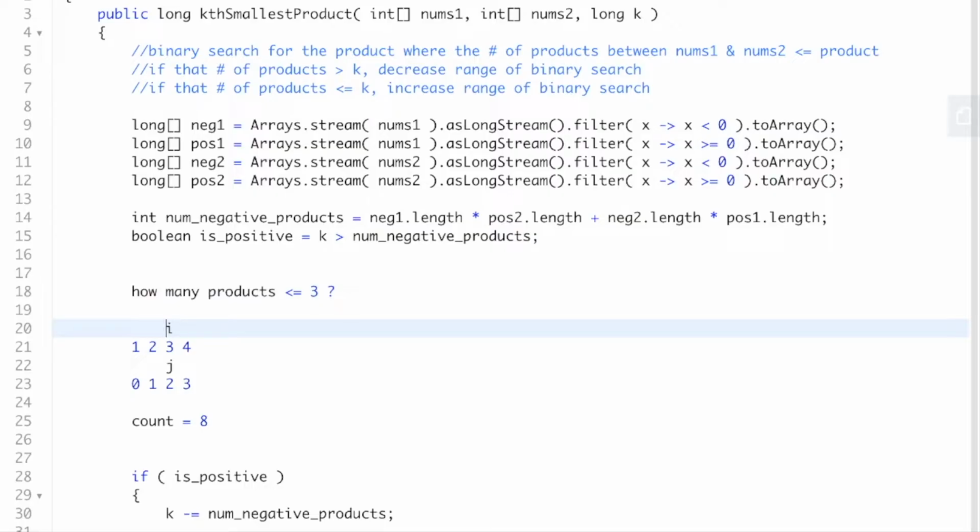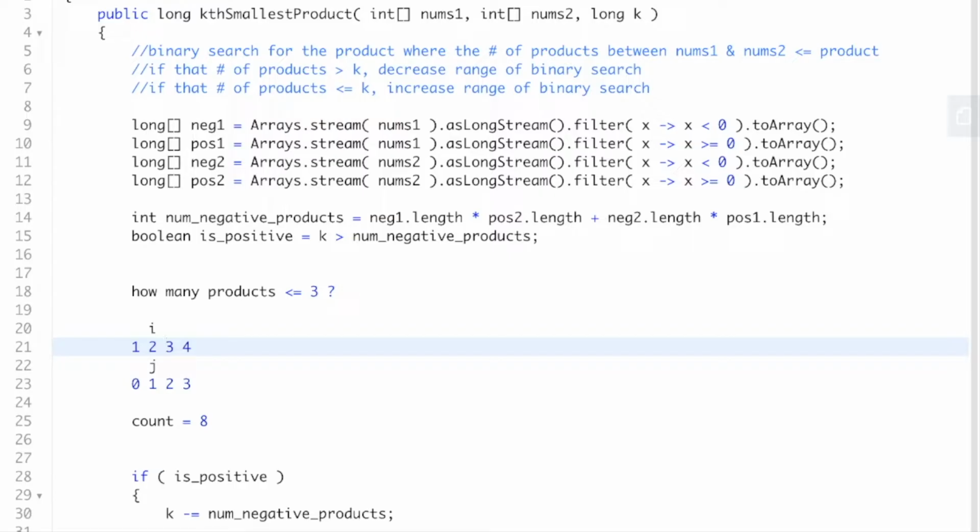Basically what I'm saying is that if this number here didn't work out with 2, then none of these numbers are going to be able to work out with this number either, because my product's just going to keep increasing as I go in this direction. So once I decrement j, I don't need to go backwards.